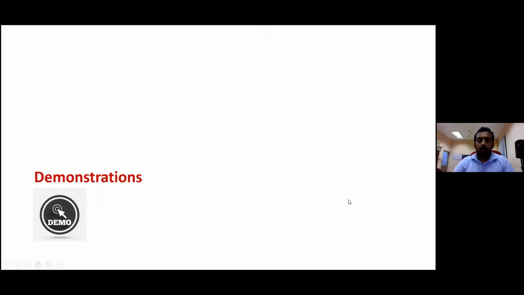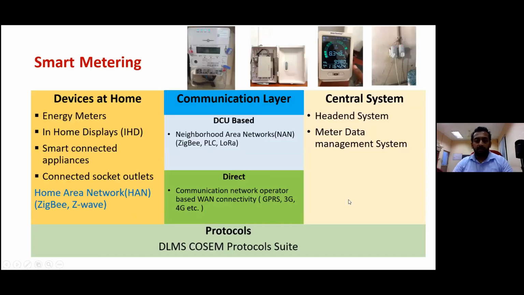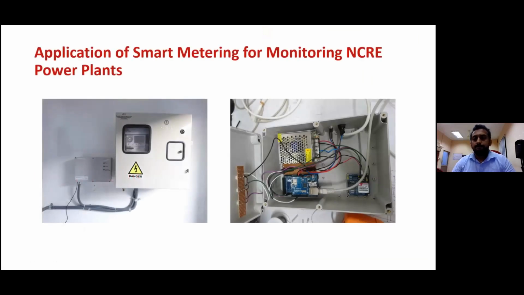So with that, I would like to show you some demonstrations about the smart metering aspects we implemented in-house in CEB. A requirement came from our National System Control Center regarding a method to monitor the generation of NCRE power plants.